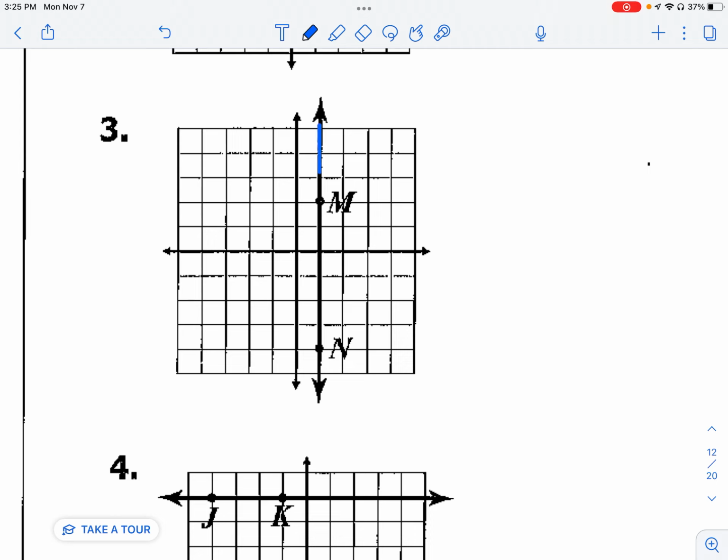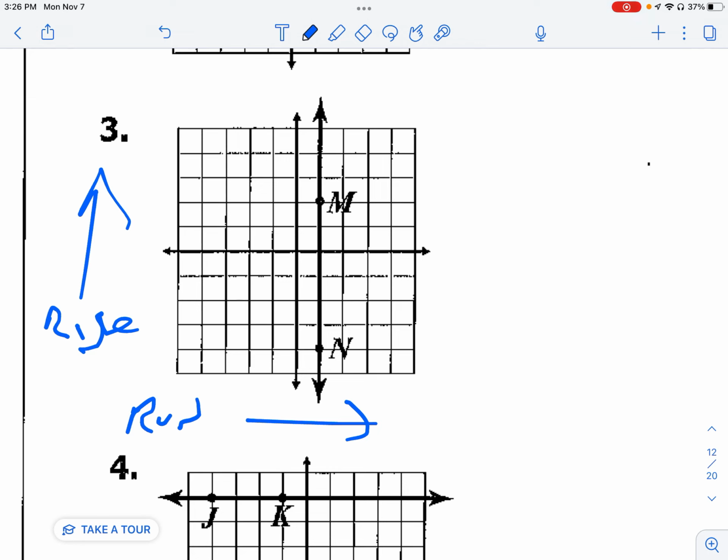Here, we have a vertical line, right? The rise is infinity, and the run is 0. So m just equals undefined.